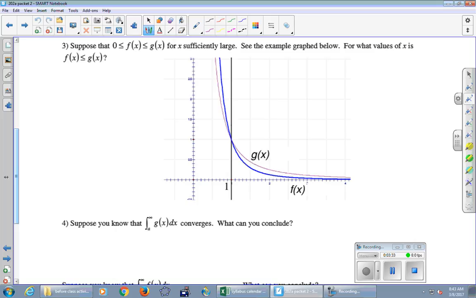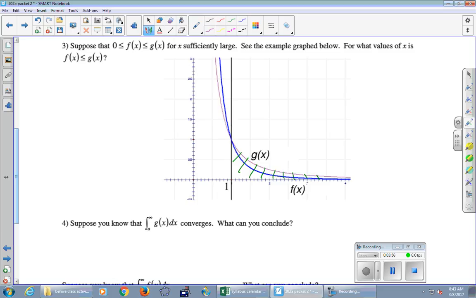All right, suppose that we know that the integral from a to infinity, a is going to be 1 in this case, suppose that we know that g converges. That means that the area under g, if that integral converges, that means the area under g is what? Finite or infinite? Finite. That's what converges means.